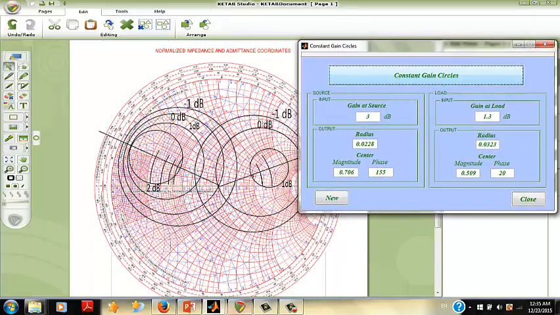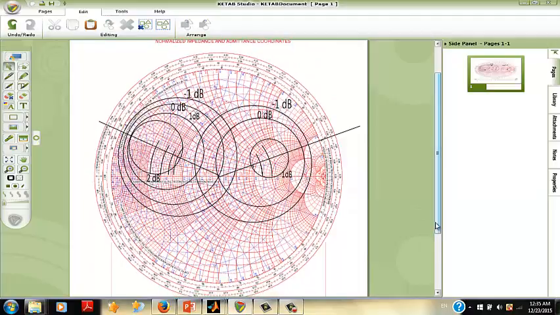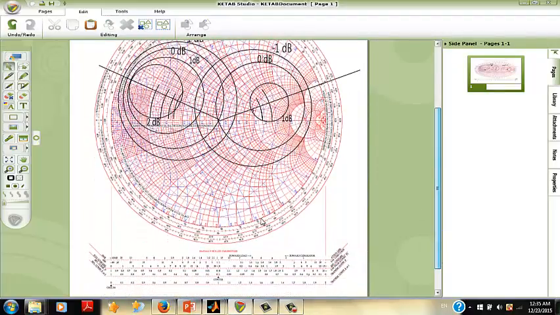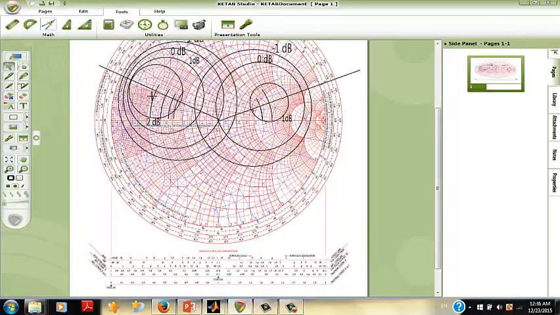Back to the Smith chart book. From tools, compass.